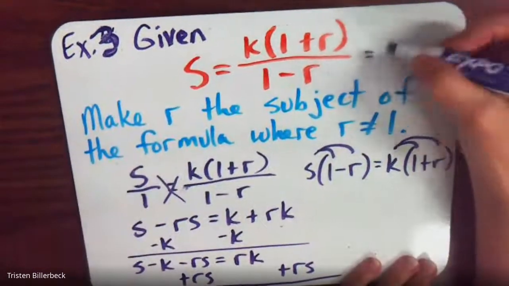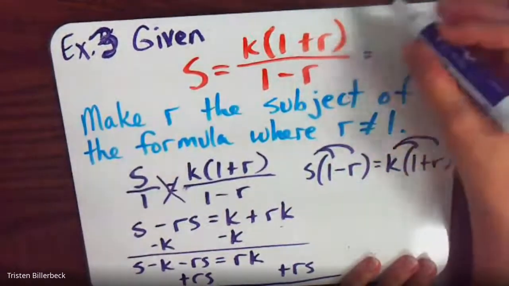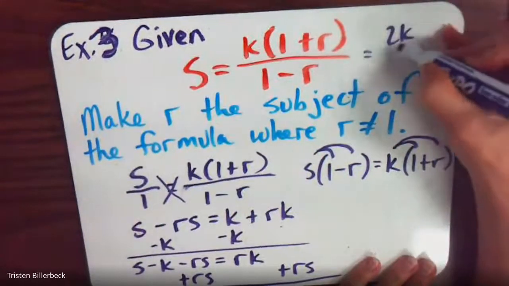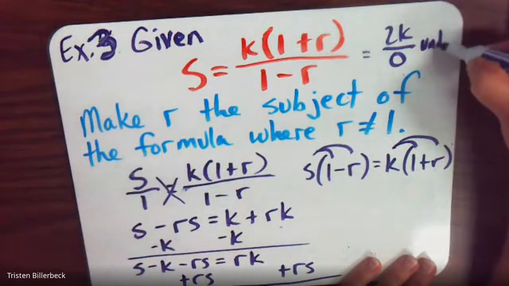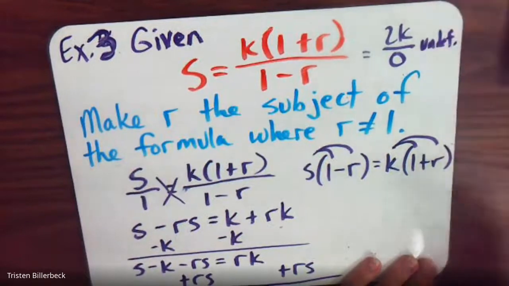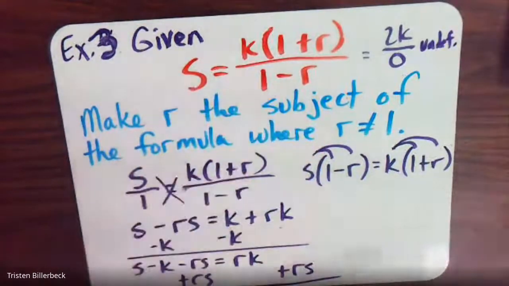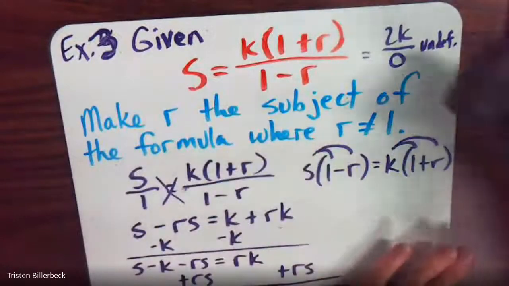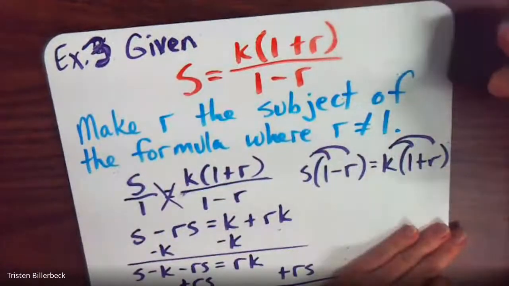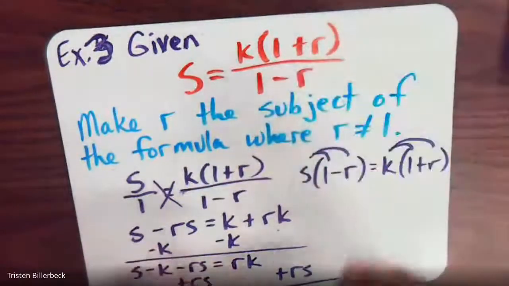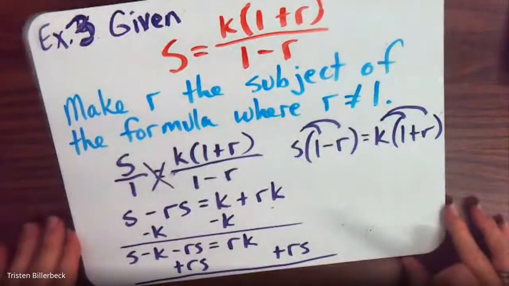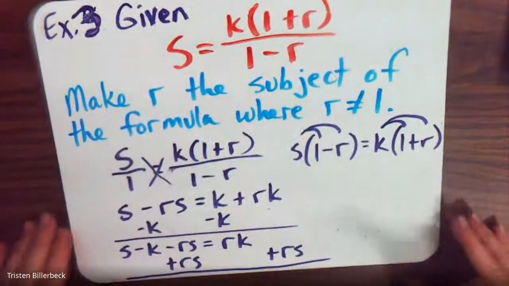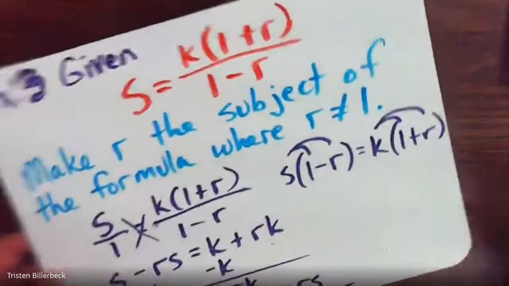If that was 1, that'd make this 2K over 0. Well, that would be undefined. Okay, so you can't have R equals 1. So that's why that condition was there right in the beginning. So you always have to be careful when you're using letters, what's in the denominator and what would make that 0. Because that's not going to work. Okay, it's going to make it undefined.